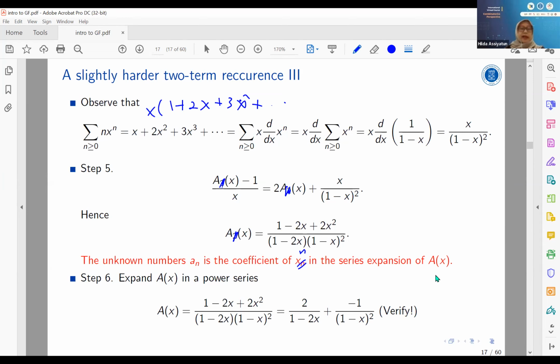Now, to extract the explicit formula, again we will employ the same technique. Can you verify that this is correct?